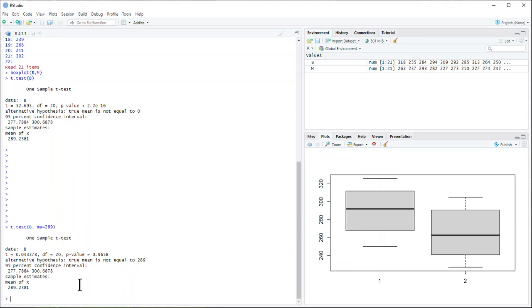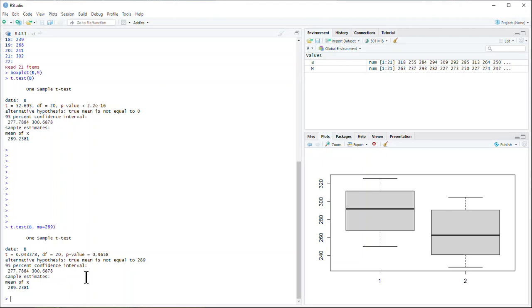So this is the problem. Look at my p-value. My p-value is really high. And look at my confidence interval. The value I'm testing against, 289, is inside my confidence interval between 277.8 and 300.7.